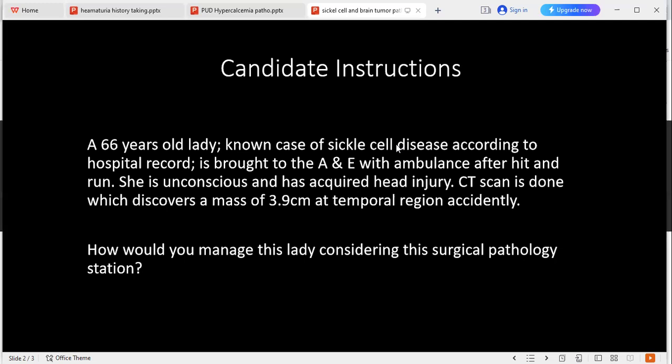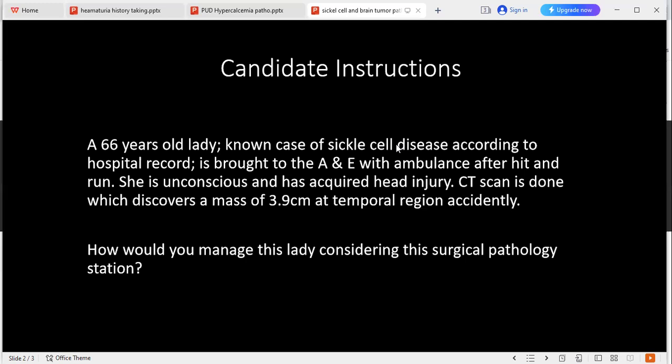All right. Can you please tell me why patients with sickle cell disease are normally immunocompromised? Because of the risk of autosplenectomy, and when there is no spleen, they are at high risk of infection with encapsulated organisms. Okay, presenting this 66-year-old patient with a mass in the temporal region could be a coincidence, or is it associated with sickle cell disease?